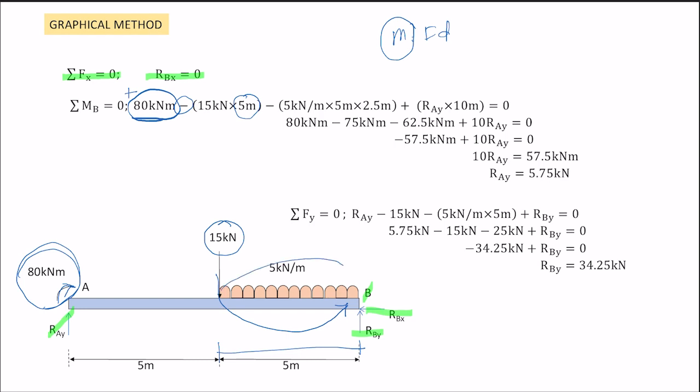Next, you have the uniformly distributed load. For 1 meter, it is 5 kilonewton. 5 kilonewton per meter here.